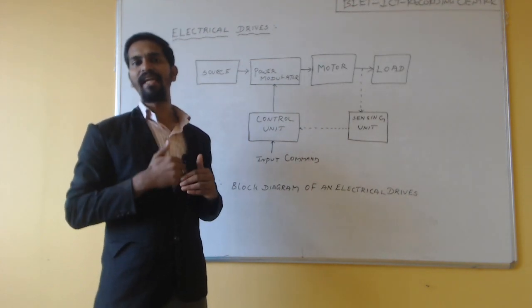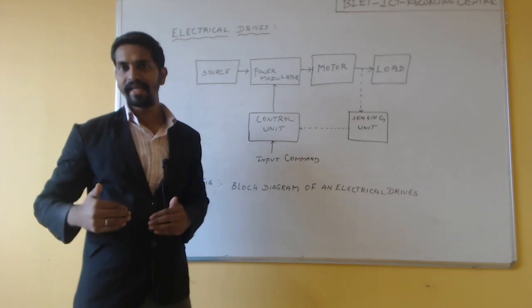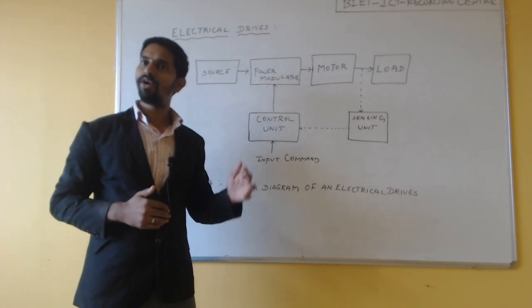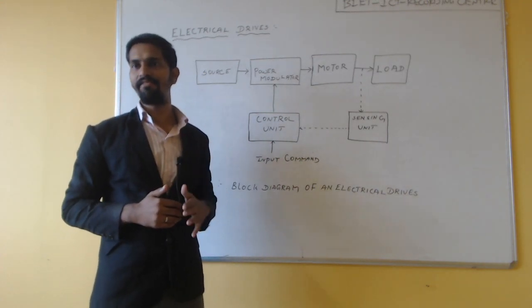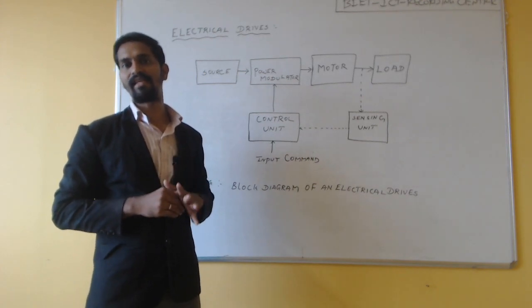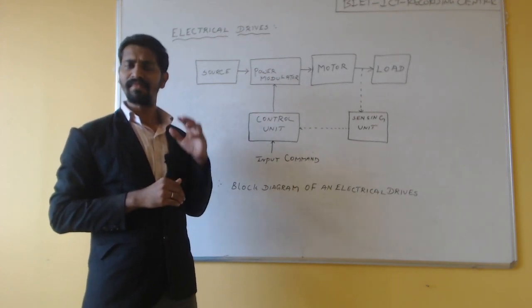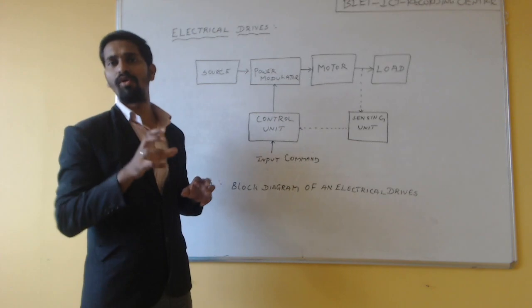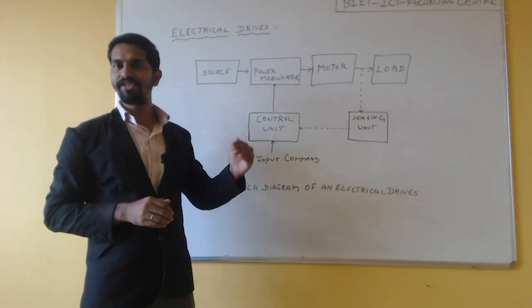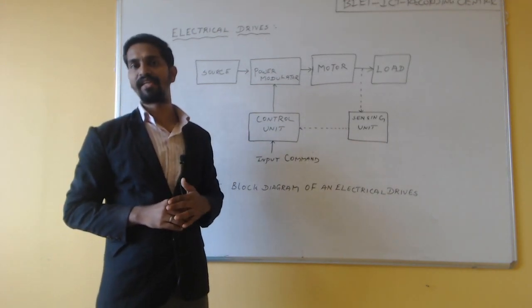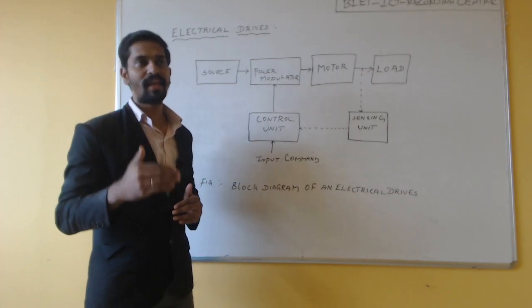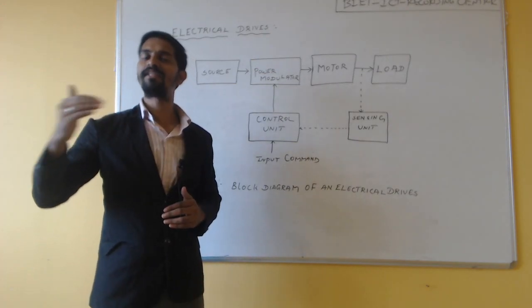If our application is low to medium power, we can go for single phase and three phase electrical power supply, that is AC supply, which is 400 volt supply. If our application is high power, we go for 3.3 kV, 11 kV, 132 kV.